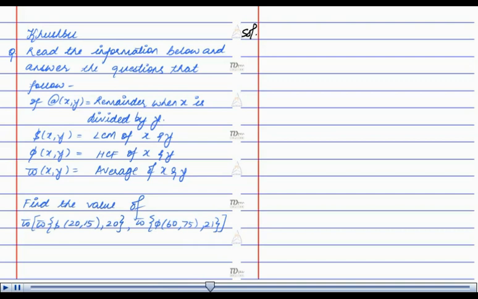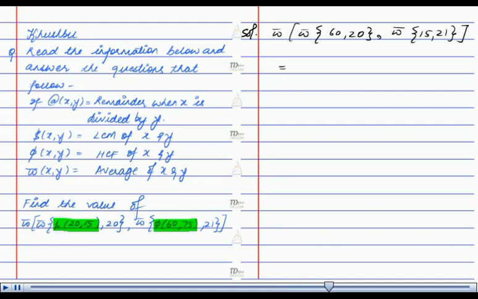We first simplify the brackets $ of 20, 15 and phi of 60, 75. This gives the expression as omega of 60, 20, omega of 15, 21.